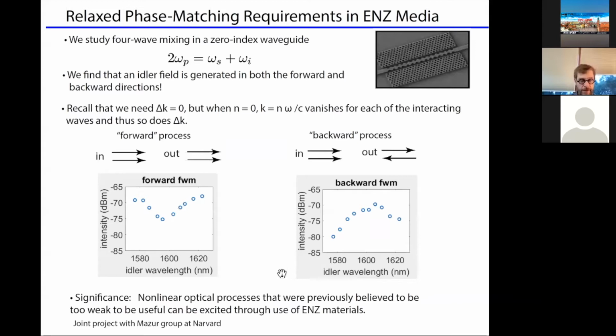Well, here's what I think. Nonlinear optical processes that were previously believed to be too weak to be useful can be excited through use of ENZ materials. In nonlinear optics, we are always struggling with how to achieve the phase matching condition. It seems as if ENZ materials give us an automatic route to satisfy these phase matching relations.